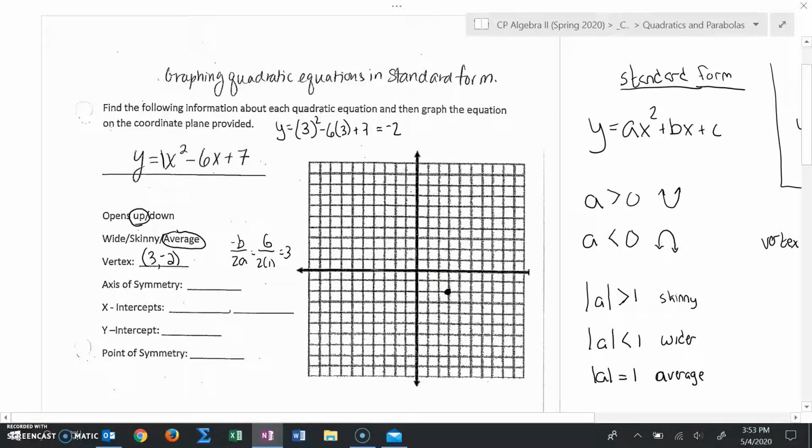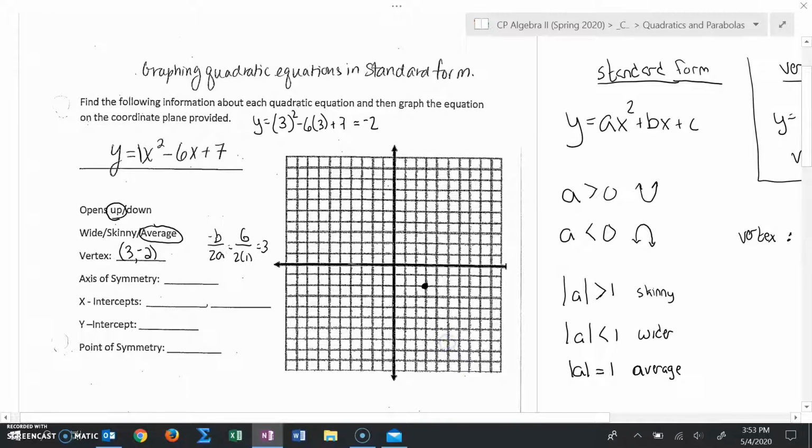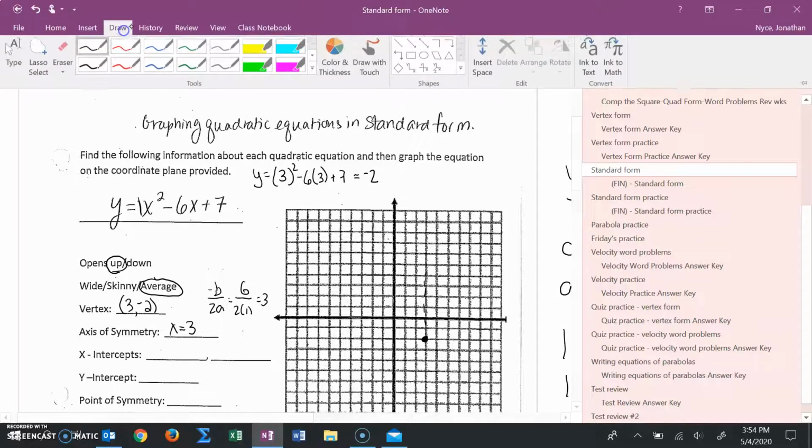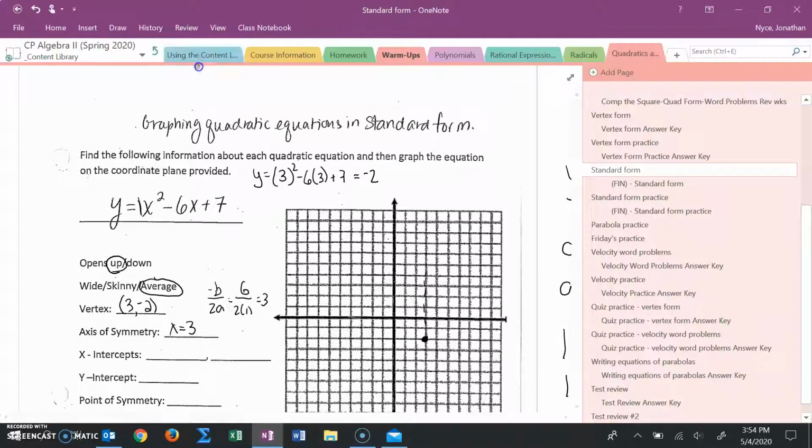Everything else is going to be identical to what we did in vertex form. The axis of symmetry is still going to be x equals whatever the x part of the vertex was. So x equals 3.